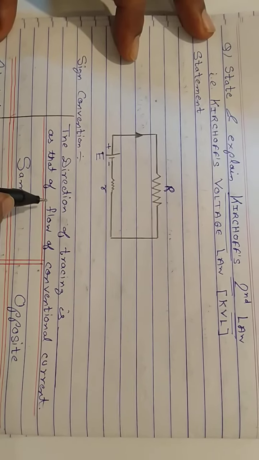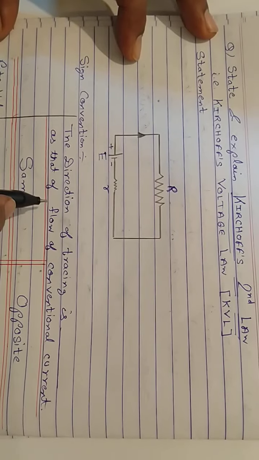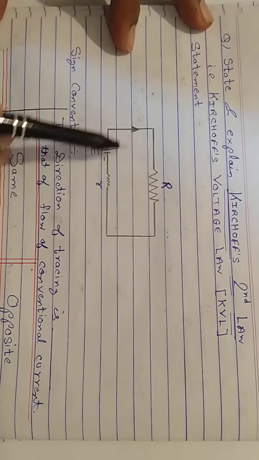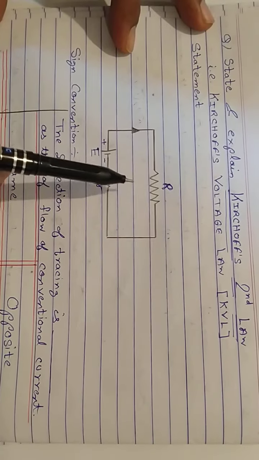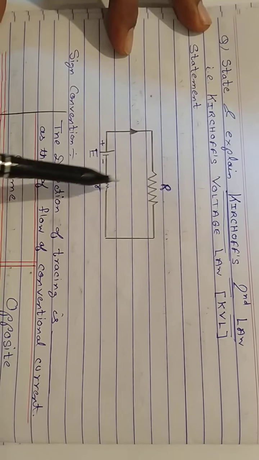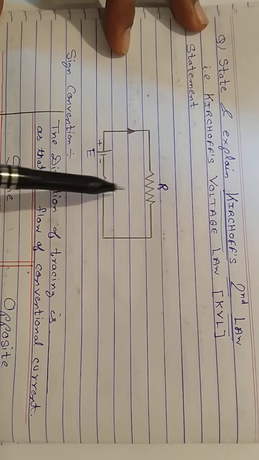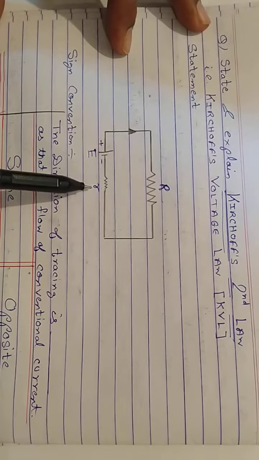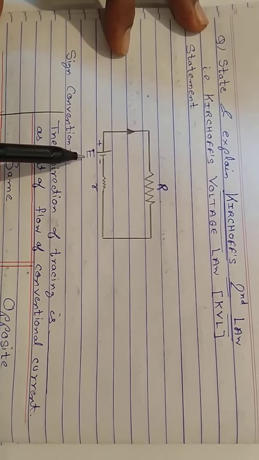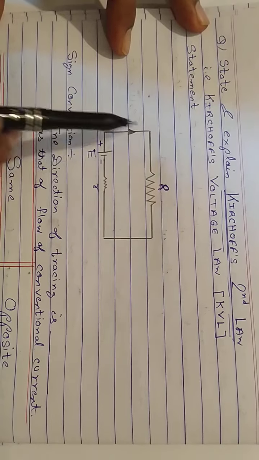So what does Kirchhoff's second law or Kirchhoff's voltage law state? In a closed loop of an electrical network, the algebraic sum of potential differences for all components, here R, capital R and small r, plus the algebraic sum of all EMF is always 0.